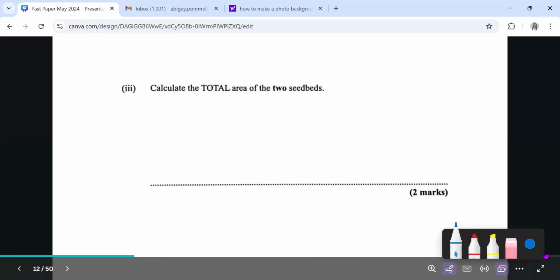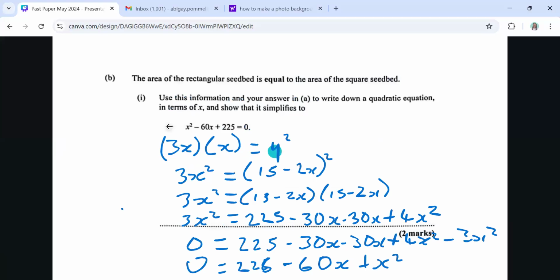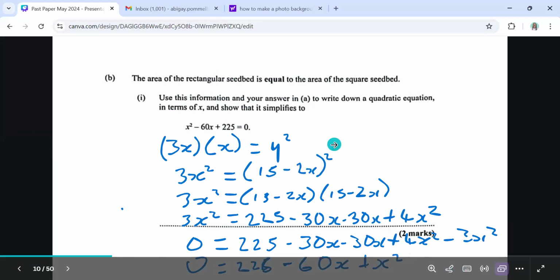Let me go back for a while. Hold on. Since we know that right here it says the two areas equal each other, right? I can use one of these formulas right here, either 3x squared or 15 minus 2x squared.